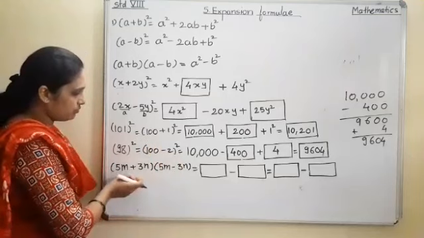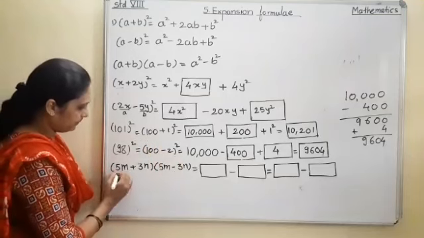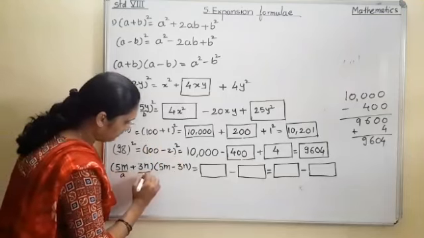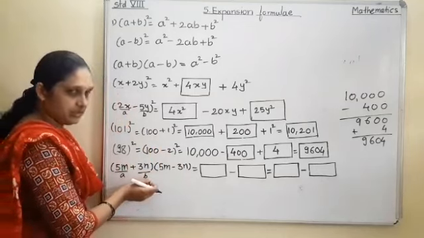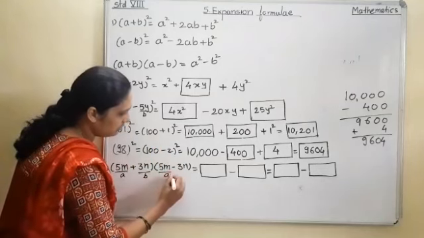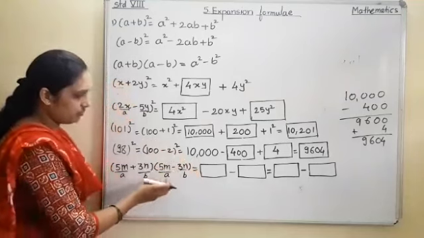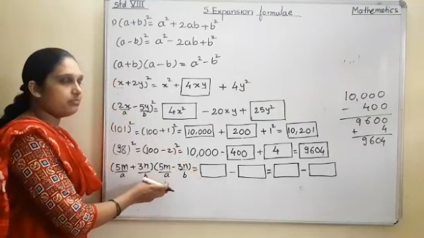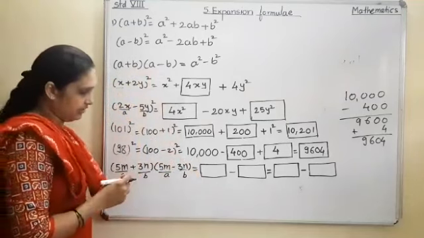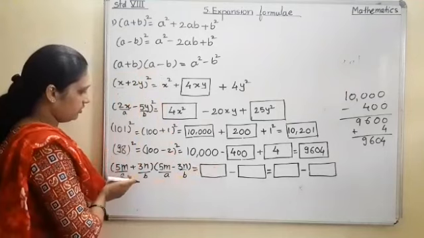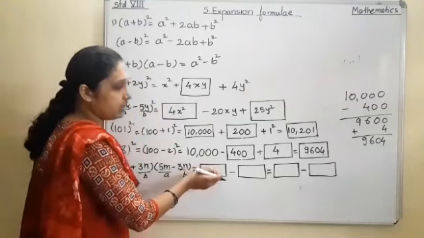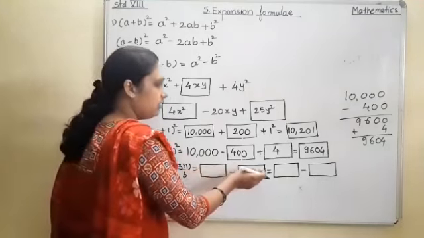Now next is given (5m plus 3n) into (5m minus 3n). Now here if you observe, suppose this is a and this is b. So this is a plus b and this is a minus b. So which identity is applicable here? The third identity. So here it is what? (a plus b)(a minus b) will be a square minus b square.